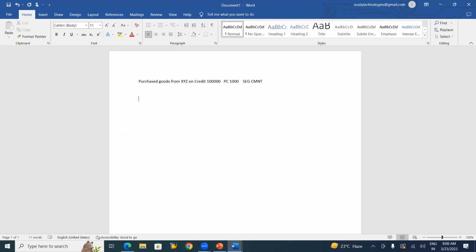Or one more entry, the same entry in the old version: purchased goods from ABC on credit, 20,000. Business area Hyderabad.